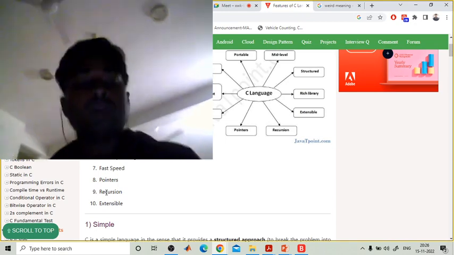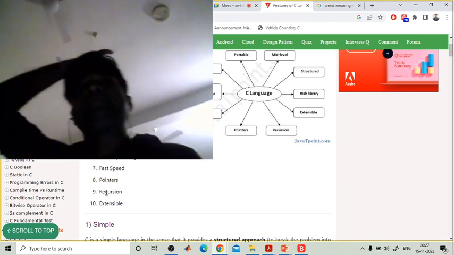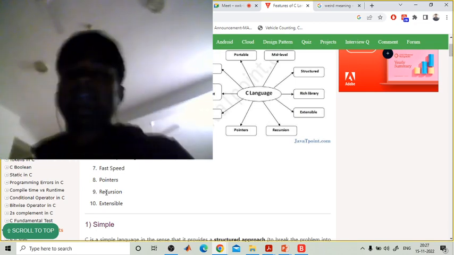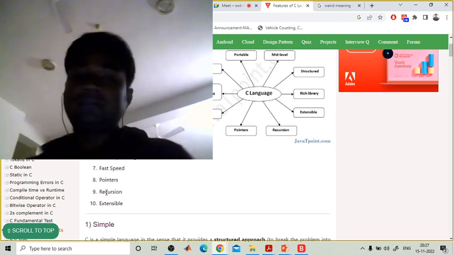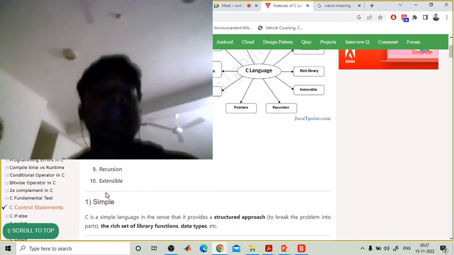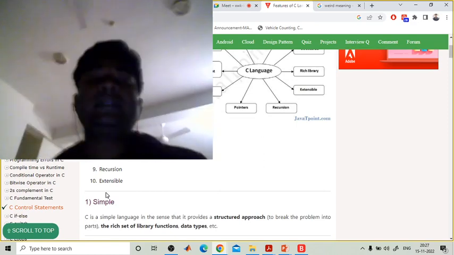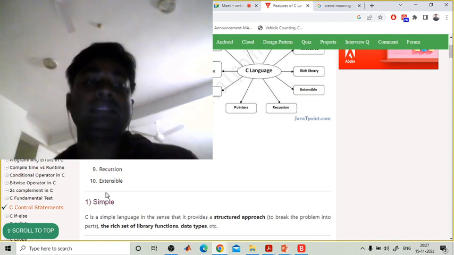If you want to call the same function from within the function body, then that is called recursion. So the recursion concept is present in the C programming language, and it is extensible. You can extend this language, meaning you can design a new version of this language. That is possible.